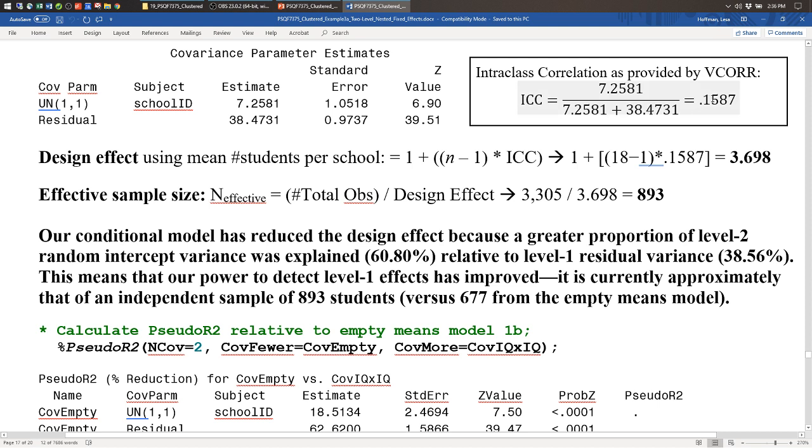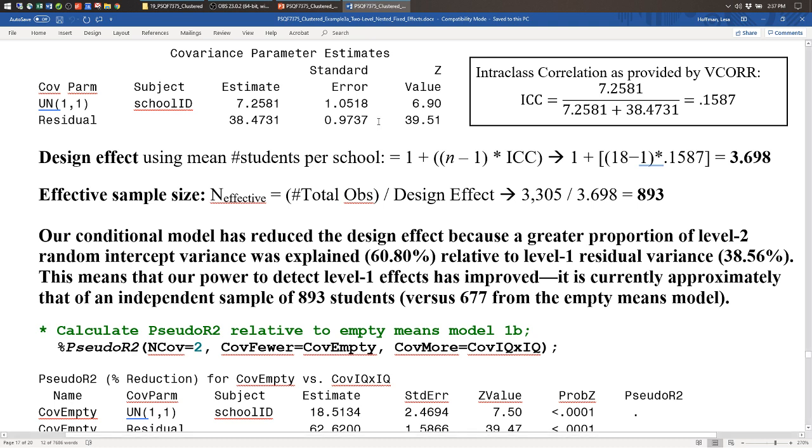So our original intraclass correlation for this language outcome was 0.23. It's down to 0.16. How could that happen? Because we were relatively more successful in explaining level 2 between group random intercept variation than we were successful in explaining level 1 within group residual variation.